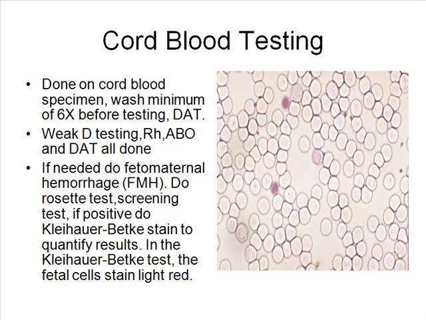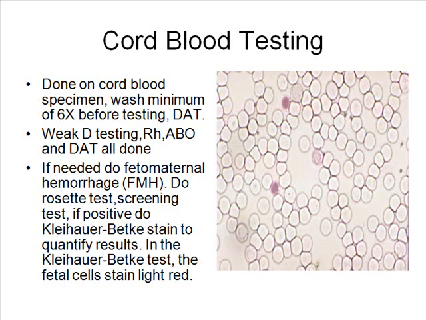And what is the Kleihauer-Betke test based on? Hemoglobin F, because fetal hemoglobin is much more resistant to alkali. All right? So you can use that, and what you're going to see is the mom cells kind of ghost out, and the baby cells remain dark, right?